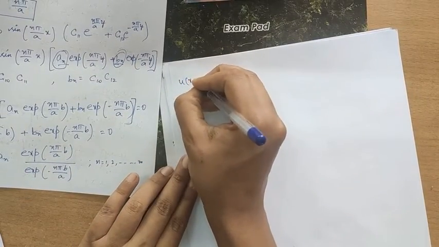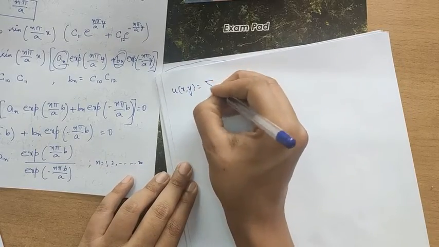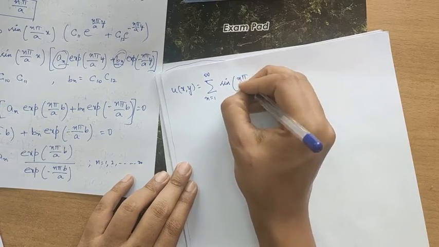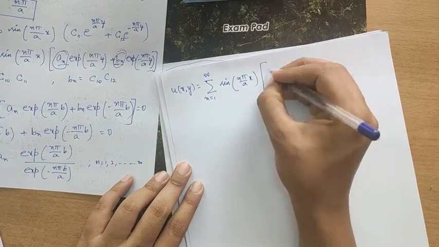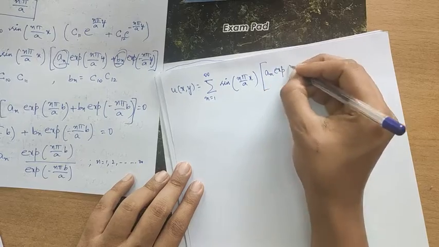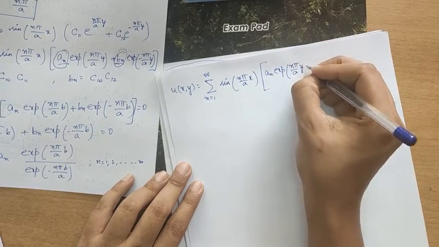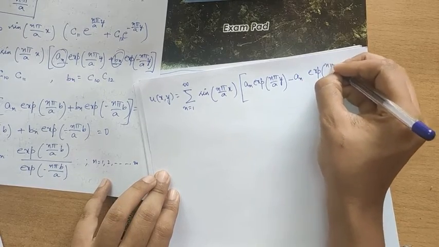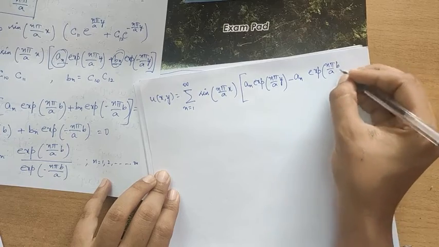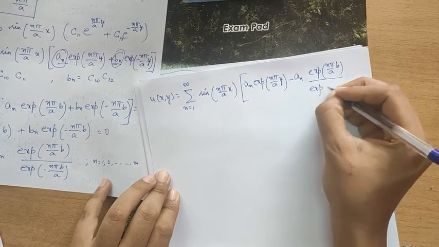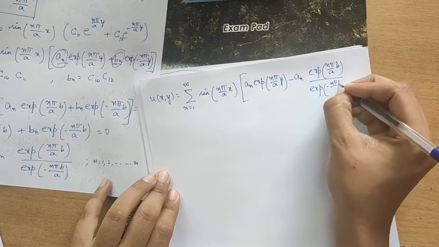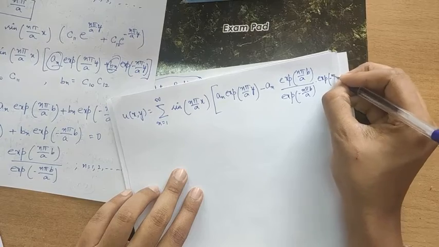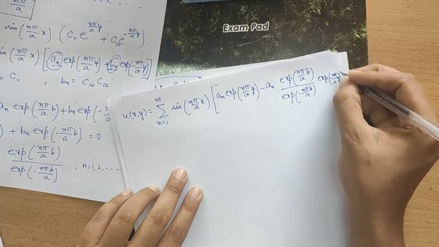U of x comma y is equal to summation n is equal to 1 to infinity sin n pi by A into x as it is into an exponential of n pi by A into y minus an into exponential of n pi by A into b by exponential of minus n pi b by A into exponential of minus n pi by a into y.